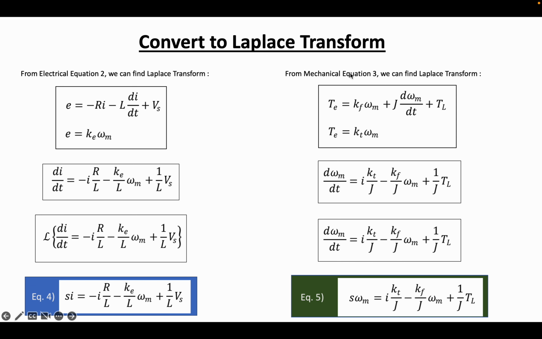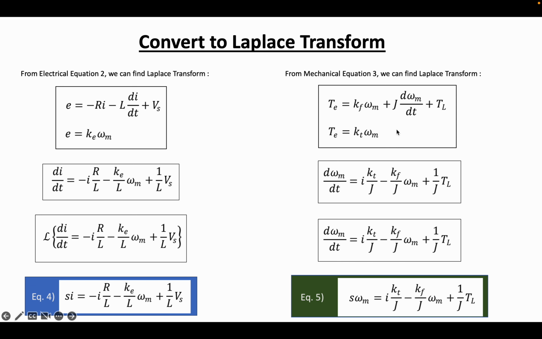From the mechanical equation 3, we found this before, and we know Te equals Kt I. So for this equation, we can derive this equation.